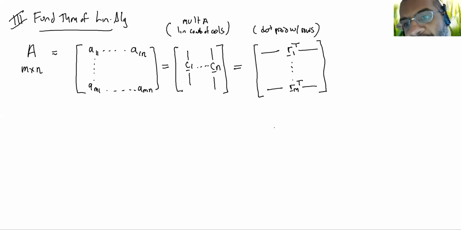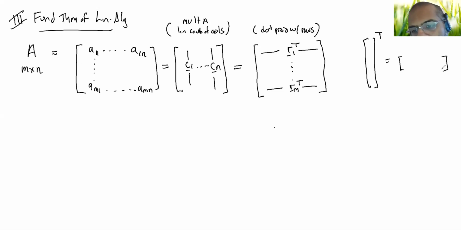Why are they transposed? They are transposed because we defined vectors to be column vectors. A vector always looks like this. So if you want to put something in rows, you have to make it look like this. So I'm thinking of R1 as being a column vector.